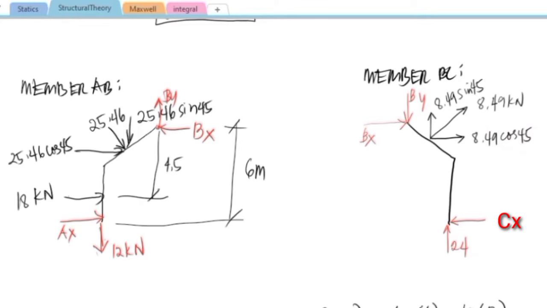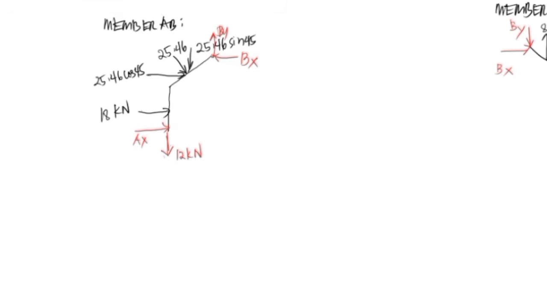And sa resultant natin dito, which is the magnitude of 6 kilonewton. So for the member AB, in order for us to solve for the value of AX, what we are going to do is to summate moment at point B.